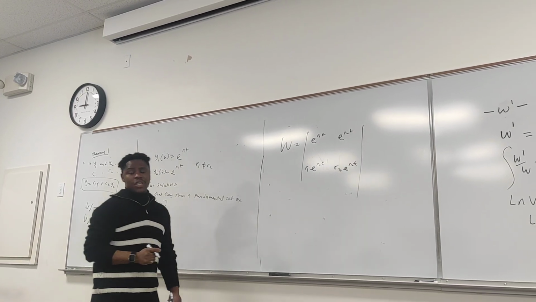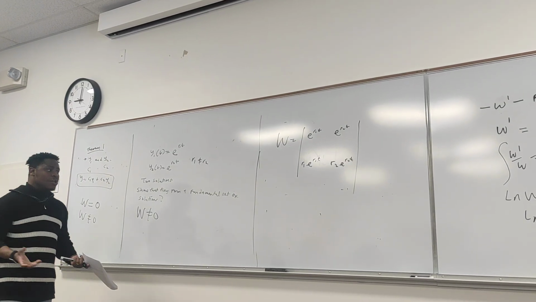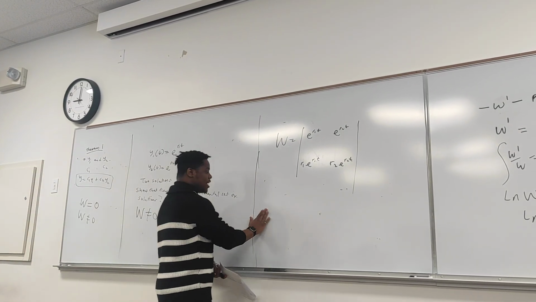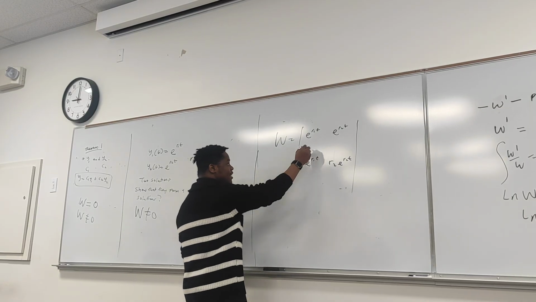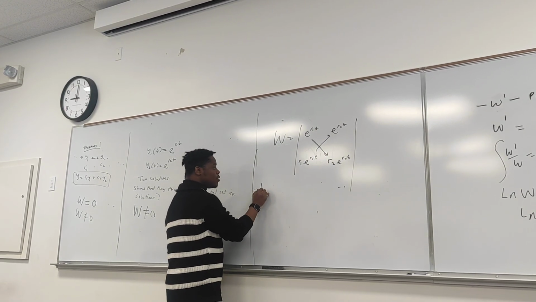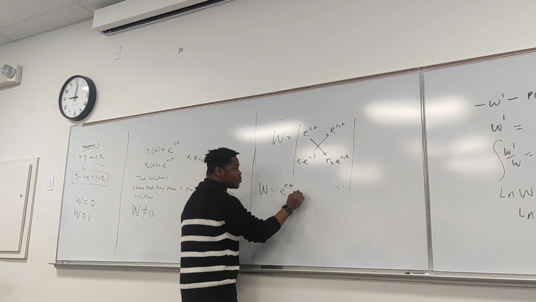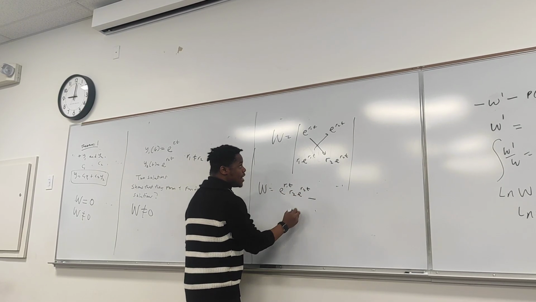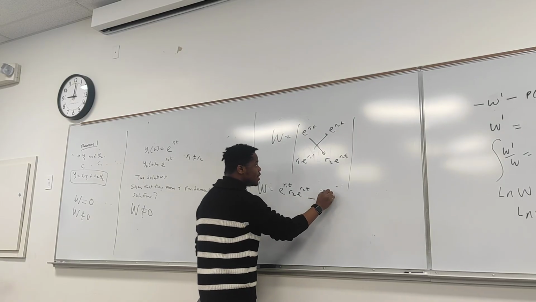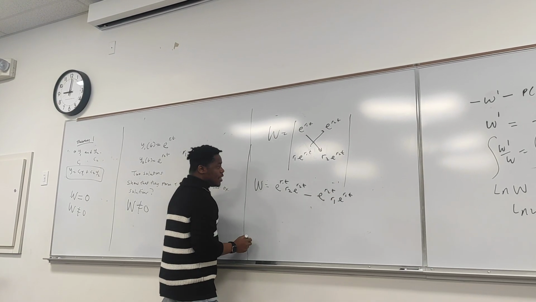So if you get a question like this, and I ask you to show if there are solutions to a differential equation, what I'm asking you to calculate is the Wronskian value. And the Wronskian is the determinant, which is always this one. So the Wronskian will be e^(r1 t) multiplied by r2 e^(r2 t), minus e^(r2 t) multiplied by r1 e^(r1 t).